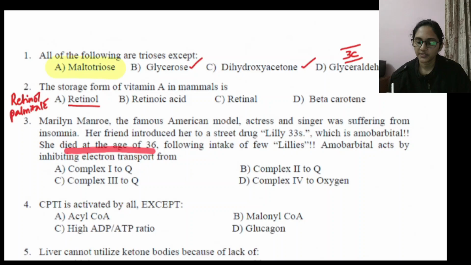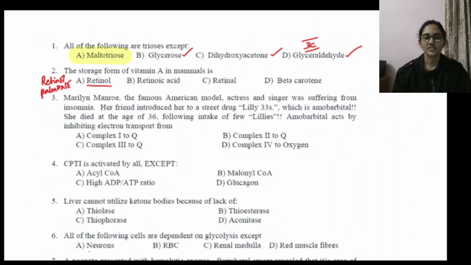She died at the age of 36 following the intake of a few lilies. Amobarbital acts by inhibiting electron transport from complex 1 to CoQ. Yes, from complex 1 to CoQ. This is the answer.